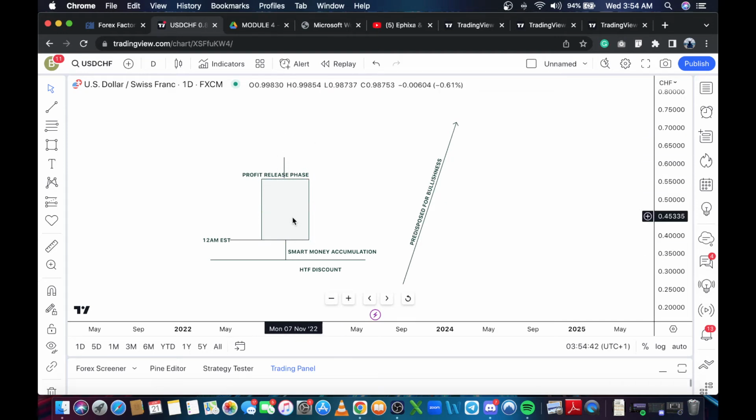So this is your classic daily bullish candle. You have your opening price, you have your run lower into a discount, which is where smart money will accumulate longs. And then as the market starts to trade away from that discount, the algo starts the profit expansion cycle, where you tend to see a lot of times inefficiencies in price.